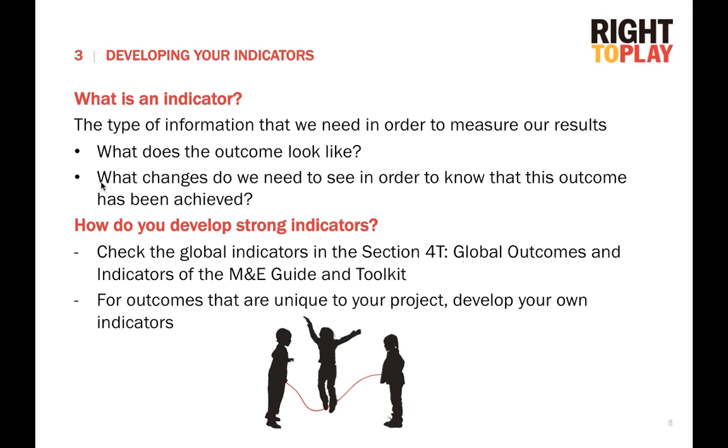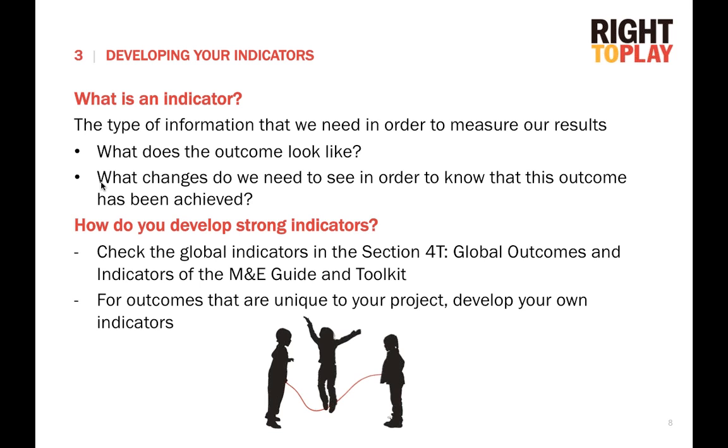Now, to develop your indicators, the first place that you can go is to check the global indicators that are in section 4T of the global outcomes and indicators in the M&E Guide and Toolkit. And this is a great starting point. There are quite a lot of indicators listed there that correspond to a whole bunch of different program components.